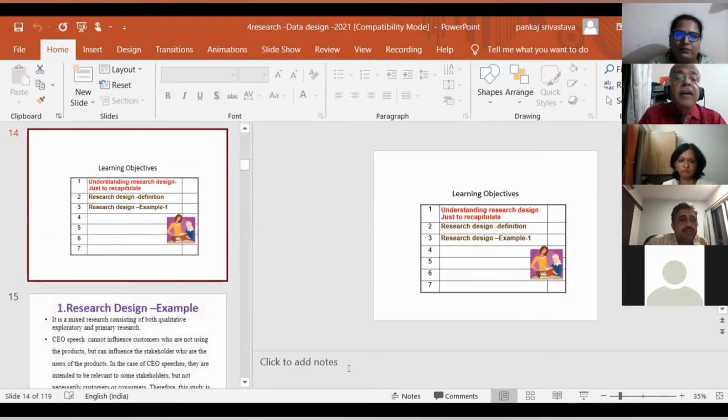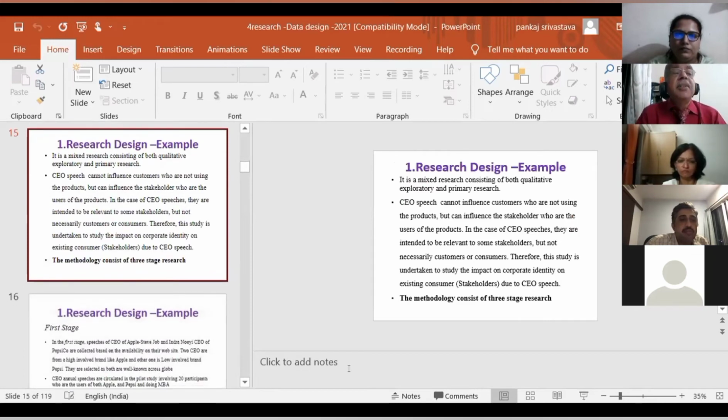Since the topic is research design, as an example I'm just sharing one of the research papers which has come in the International Journal of Competitiveness. It is published by the American Society of Competitive Studies.